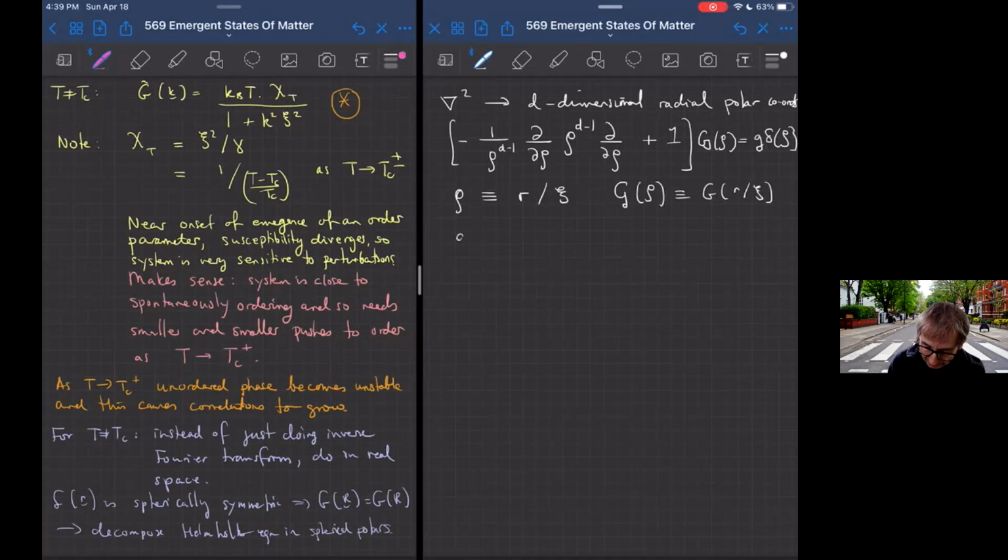And you can read off that the variable little g is just kBT over gamma times the correlation length as a function of t to the power 2 minus d. And you can probably imagine that strange things happen in 2 dimensions.